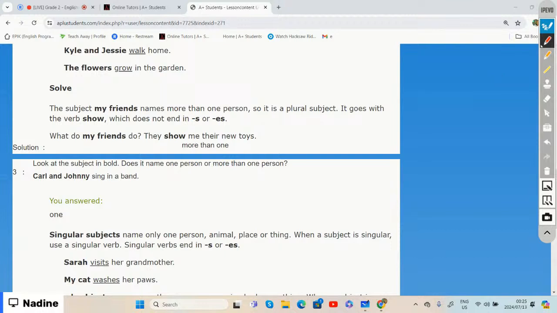So if we look at Carl and Johnny specifically, does it name one person or does it refer to more than one person within that sentence? Carl and Johnny sing in a band.